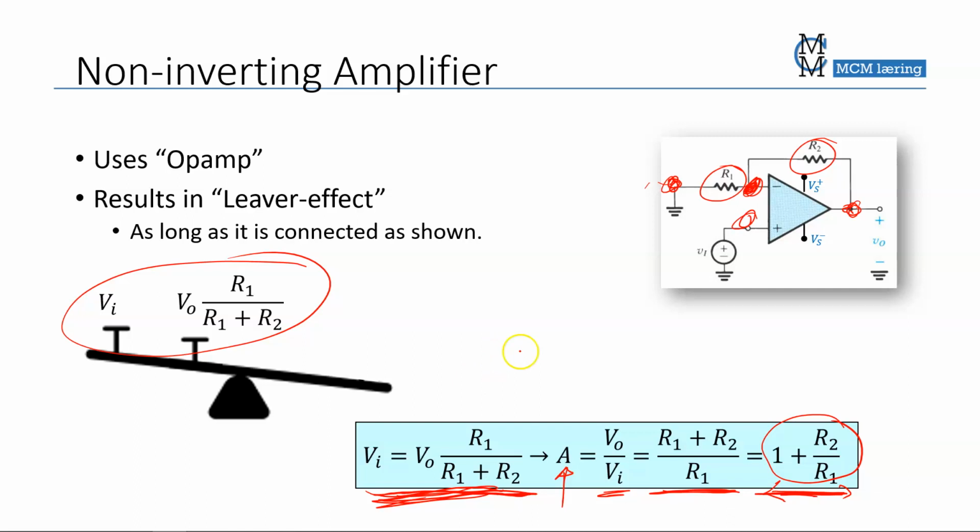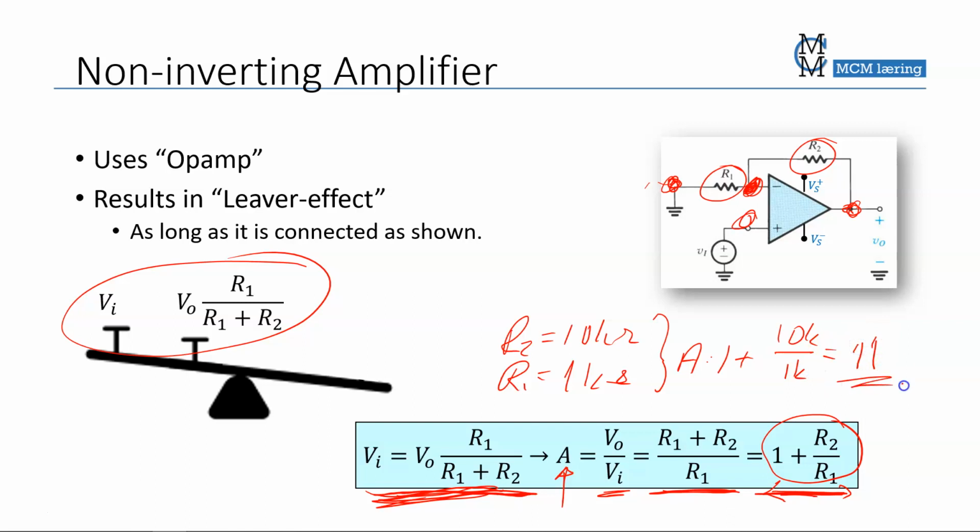If you use the example from the last page, where R2 is 10 kilo ohms and R1 equals 1 kilo ohm, then the amplification is 1 plus 10k over 1k, which is 11. Not a minus sign, there's a plus sign here if you like.